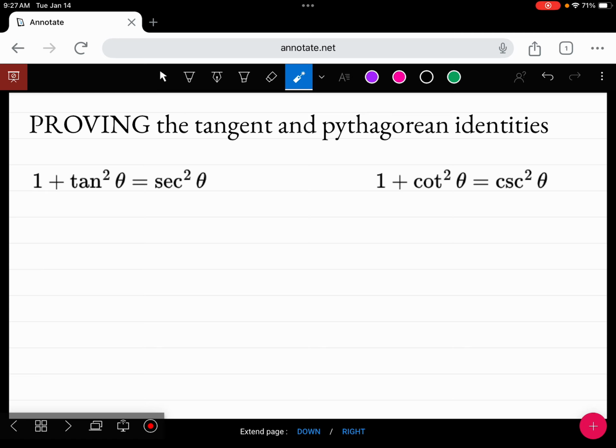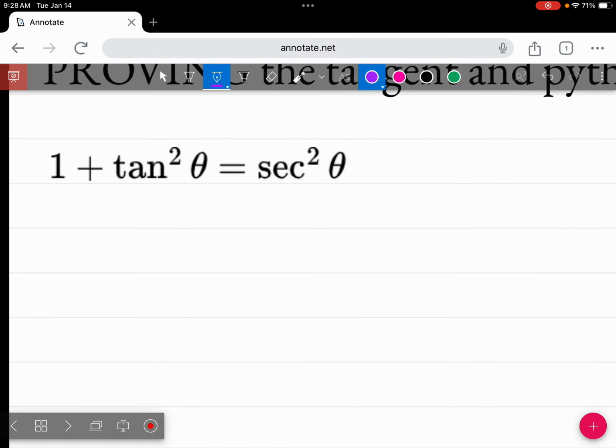And I'm not going to put them into our opposite, adjacent, hypotenuse stuff. I'm going to put them all in terms of sine and cosine. So we have here 1 plus the tangent squared of theta equals secant squared theta.